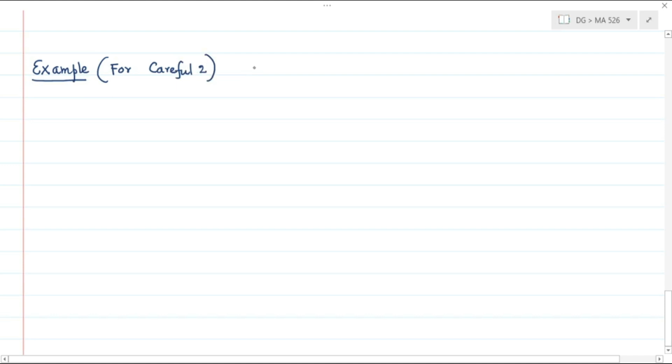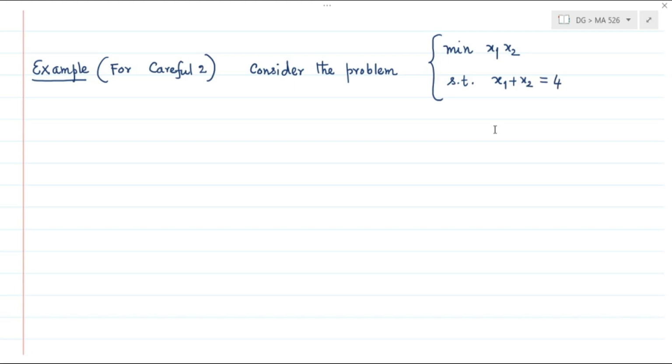Now here you consider the problem, and try to solve this problem with the help of the Lagrange's multiplier rule.